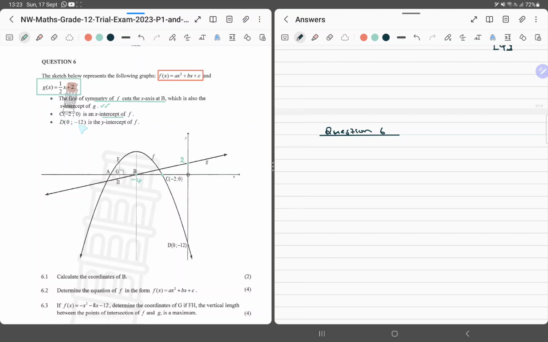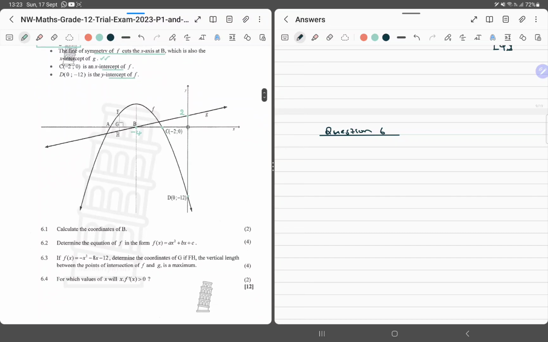D, which is (0; -12), is the y-intercept of f. Again, this is very easy and clear. Okay, so now that's all we are given. Forget about the rest. From what we can see, A is also an x-intercept of f. But we don't have enough to say something about it.